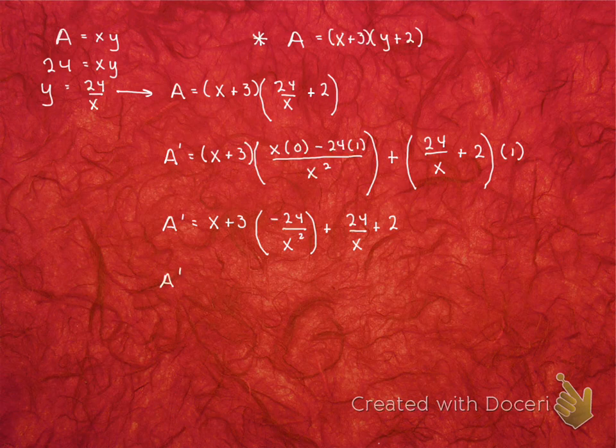This is just all your algebra now. So we're going to distribute negative 24x over x squared minus 72 over x squared plus 24 over x plus 2.